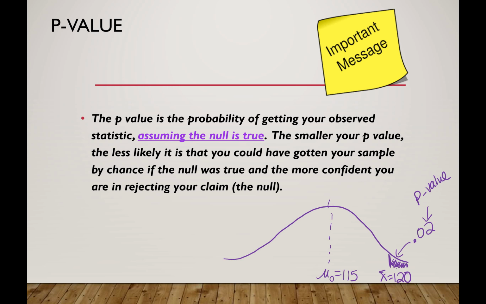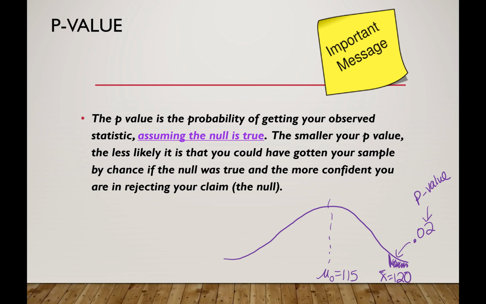And that's saying there's only a 2% chance of getting the sample of 120 if 115 is true. And since that's a low probability, probably means 115 isn't really the population mean. So then we're going to reject our null hypothesis, which is called rejecting the null, and say there's statistically significant evidence that the mean is not 115.